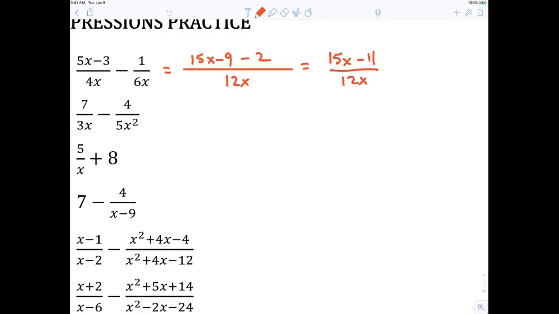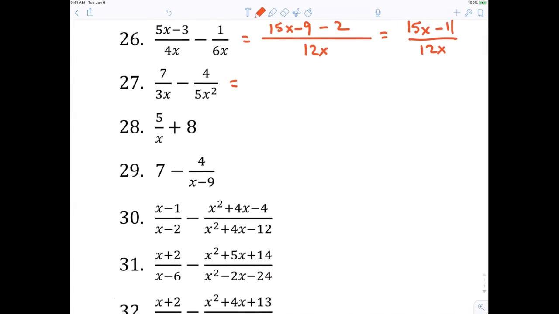All right, Patrick, let me hear you. Number 27. The common denominator is 15. 15 what? 15x squared. Yes, 15x squared. And let's multiply the left one by 5x. Good. So that becomes 20 and 32 and 35.